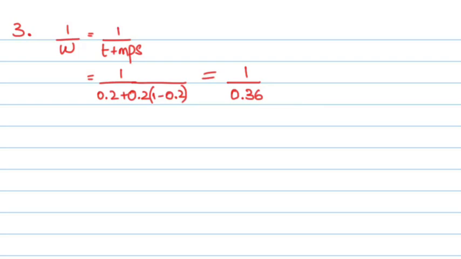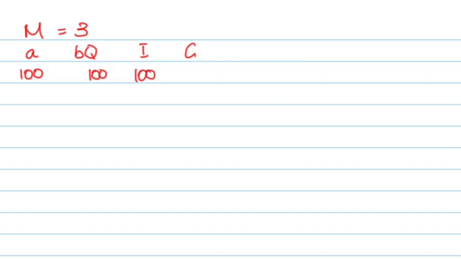Now the last thing for this video is, let's say your multiplier is 3, right? And let's also do autonomous components A, B, Q, I, and G. Let's say this rose by 100, Q rose by 100, investment rose by 100, and government expenditure rose by 100.